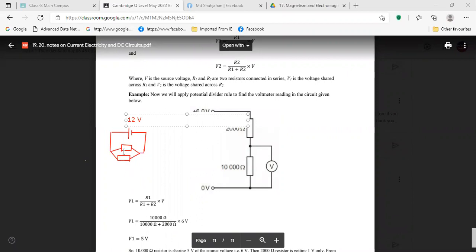If these two resistors have 2 ohms and 4 ohms resistance, you write here 4 ohms, the bigger one, and the smaller one has only 2 ohms. You give the unit as well. This is 2 ohms, this is 4 ohms.